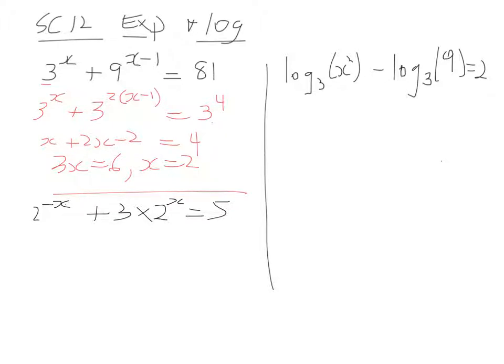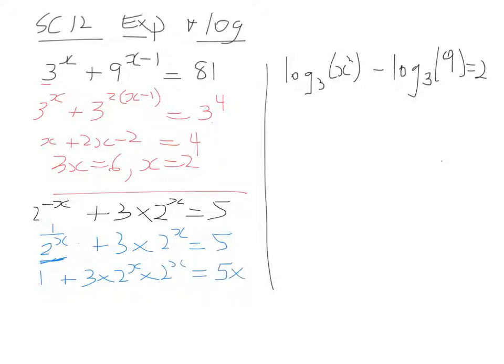Okay, so this becomes, hopefully someone saw that while I was doing it, 1 over 2 to the power of x plus 3 times 2 to the power of x equals 5. Then multiply everything by 2 to the power of x, so I end up with 1 plus 3 times 2 to the x times 2 to the power of x equals 5 times 2 to the power of x.